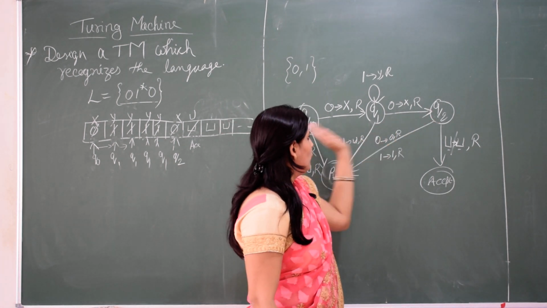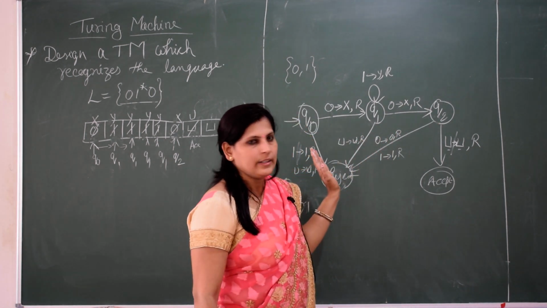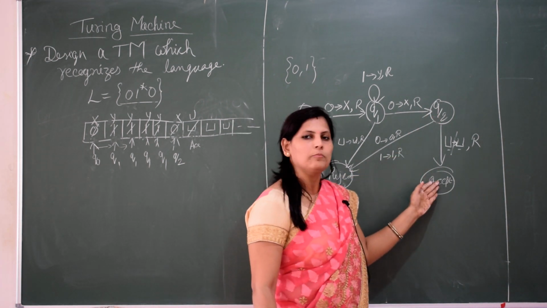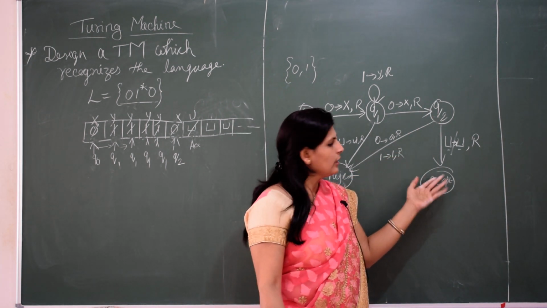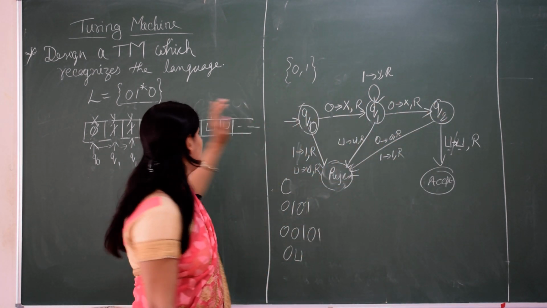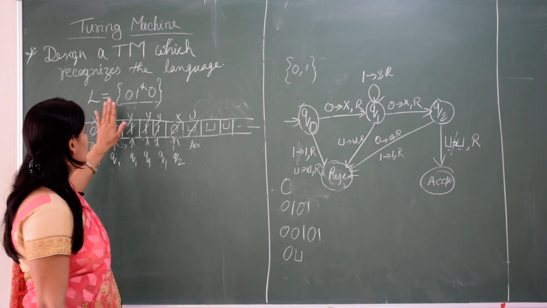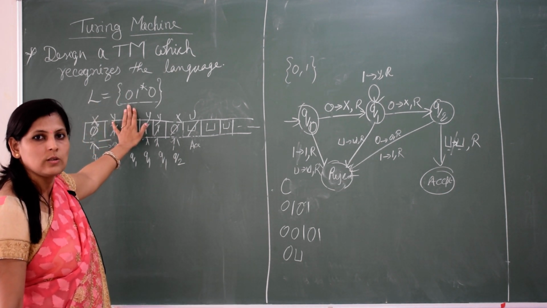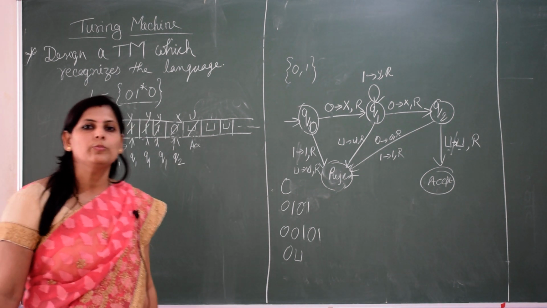Then we have covered all the states. After this we get a blank symbol, and that is final. So this is the complete graphical representation of your Turing machine for this particular language, 0 1 closure 0. I hope this is clear to you.